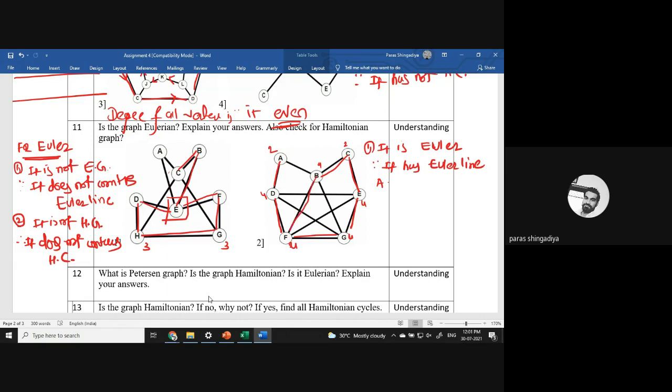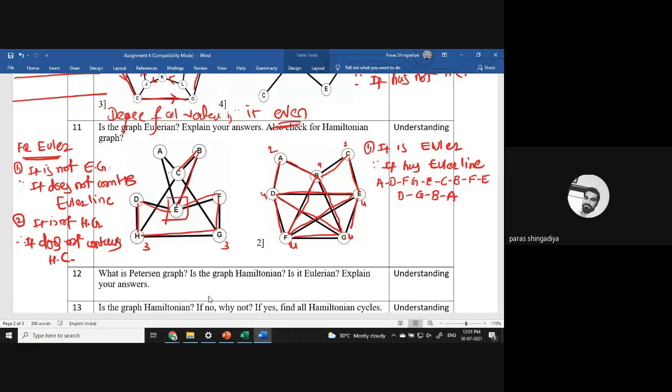So B to F again, F to E, E to D, D to G, and from G back to B, and from B it will reach A. So it is A, D, F, G, E, C, and from C it is B, B to F, F to E, E to D, D to G, G to B, and B to A.